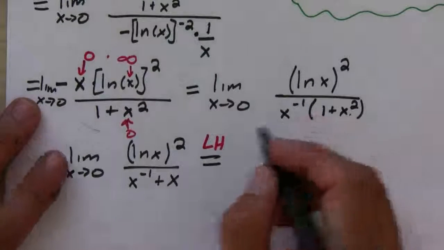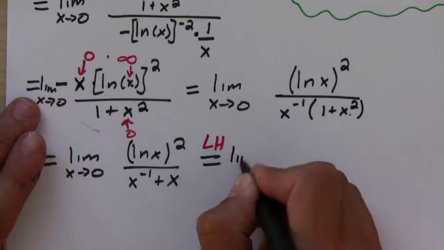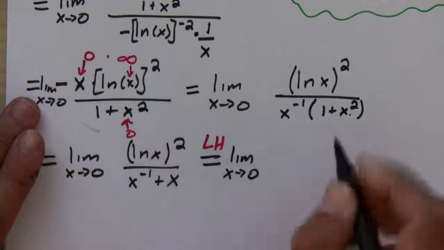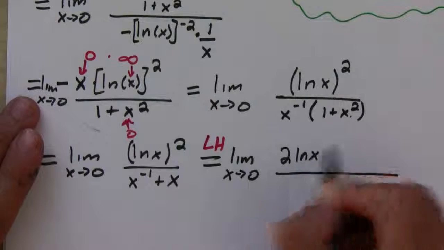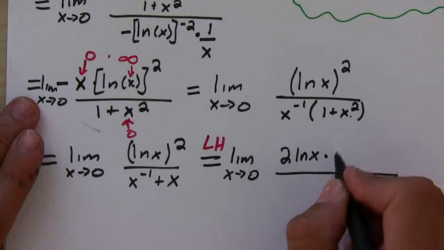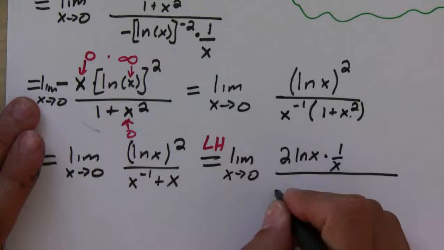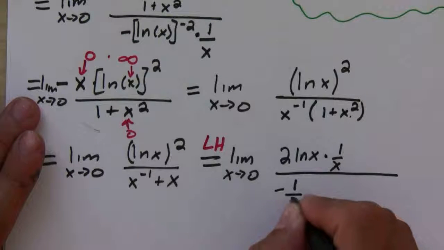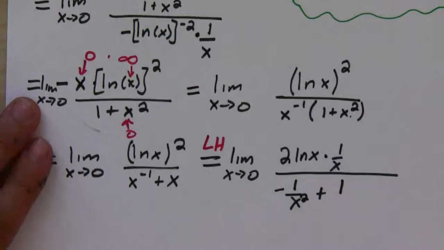So with L'Hopital's rule, on the numerator I'm going to have 2 natural log of x times 1 over x. And then on the bottom I'm going to have negative 1 over x squared plus 1.